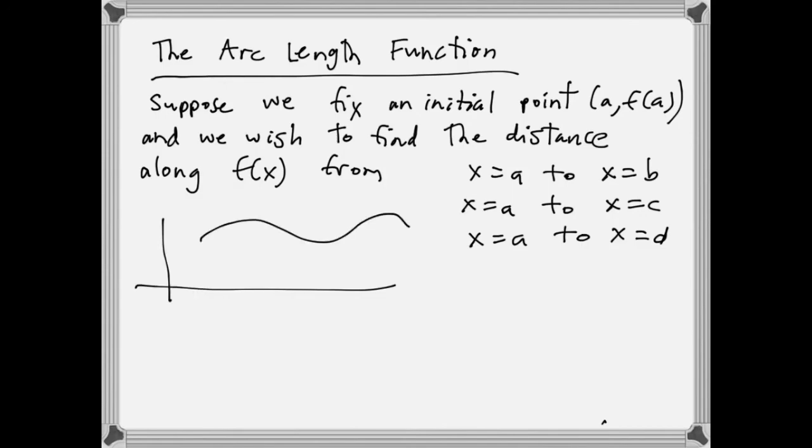So if we have our curve, and that's A, and that's B, and that's C, and that's D, I want you guys to picture that we want to find 3 different lengths there from A to each of those ending points.